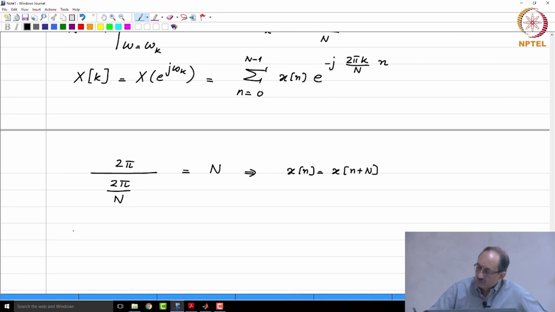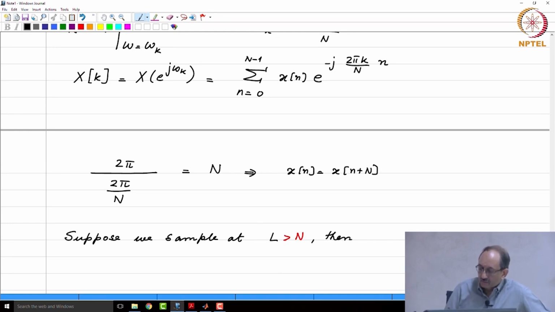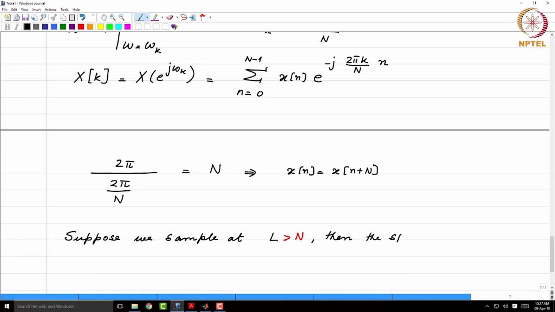So, now suppose we sample at L points, which is greater than N, then the spacing is what?